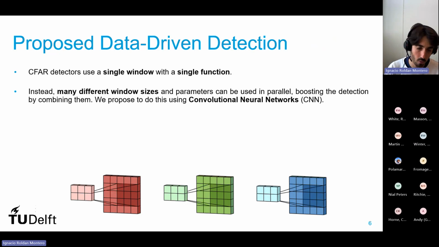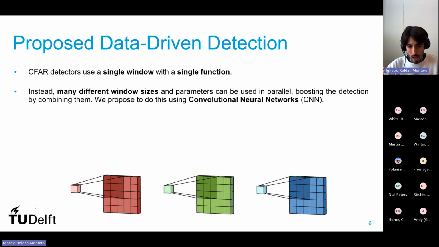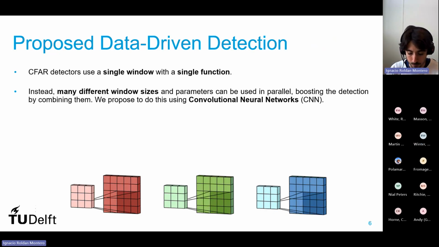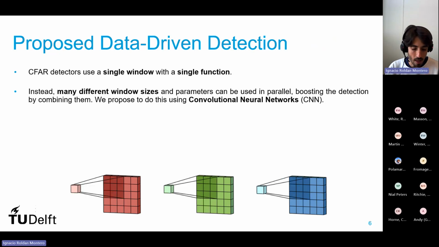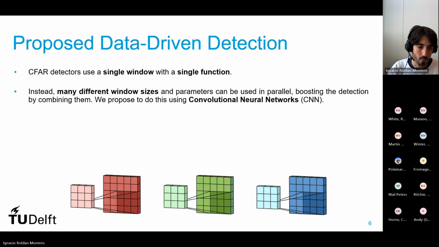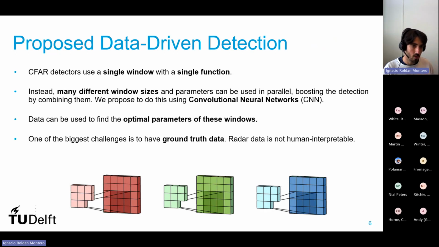At the end, what a convolutional neural network does is take a kernel or a window and slide it over your data and estimate the parameters of that window based on the data you have and the loss function you have. So we can use data to find the optimal parameters of these windows.